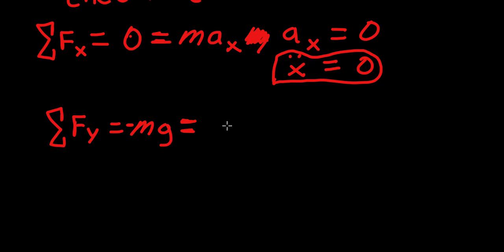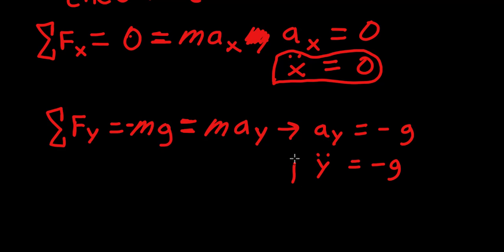With that being the case, that equals m a y, and that tells us that the acceleration in the y direction is equal to negative g, which means y double dot equals negative g. Again, this is a very, very easy problem, so we got the expression for our highest order derivatives very easily.